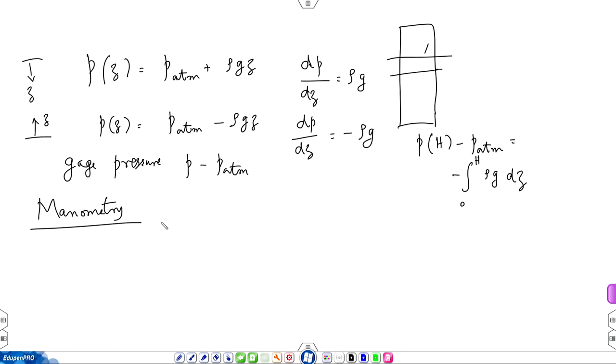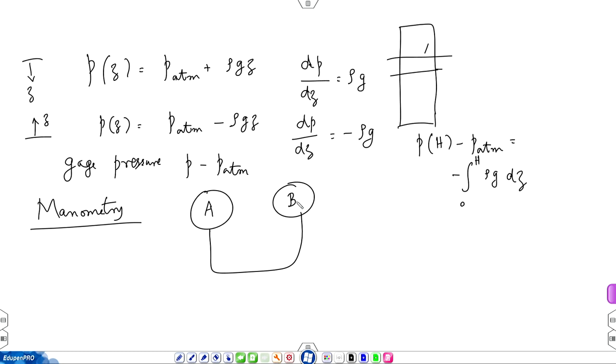Let me give you the configuration where the calculation has to be carried out. These could be two chambers A and B. Let us say they are filled with gas.